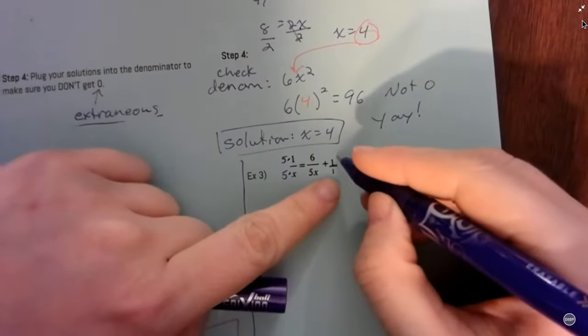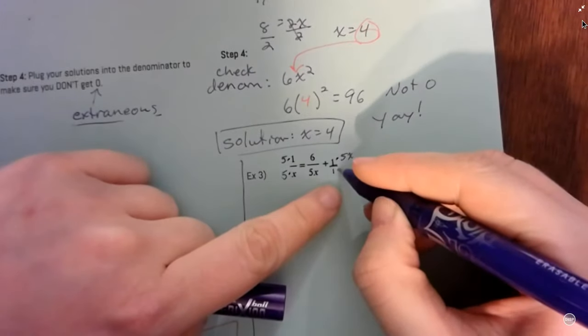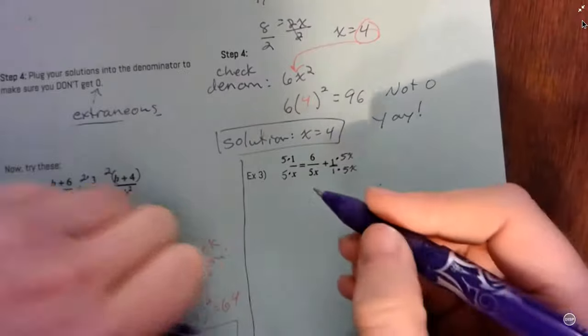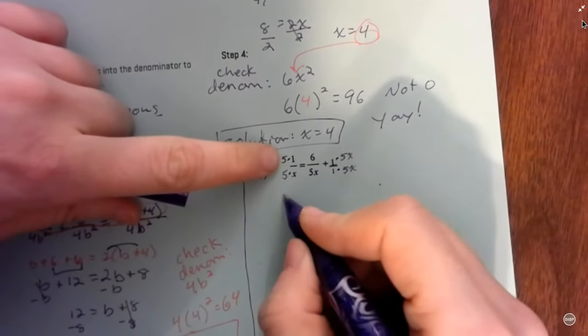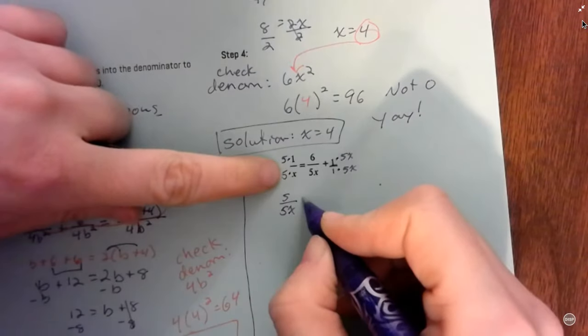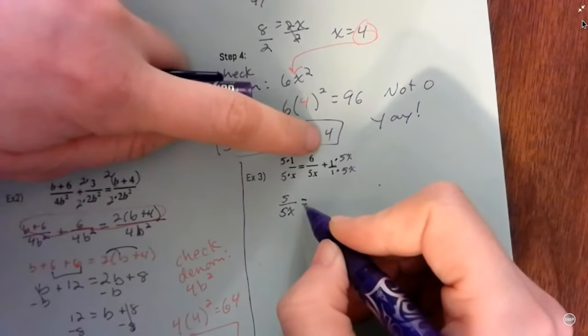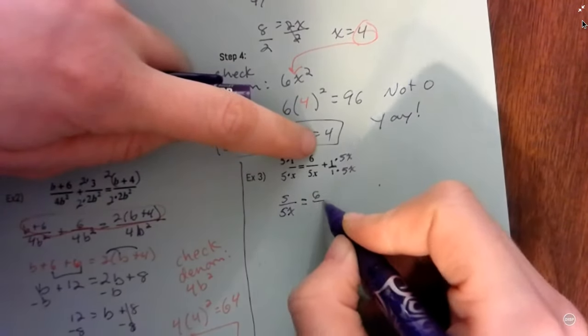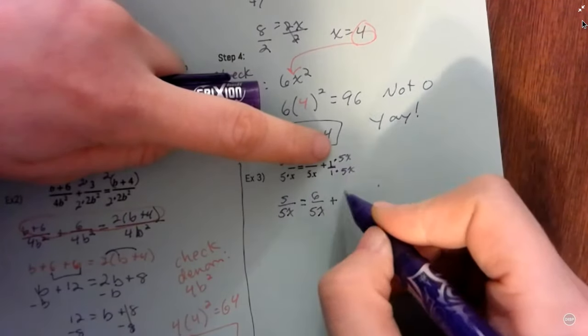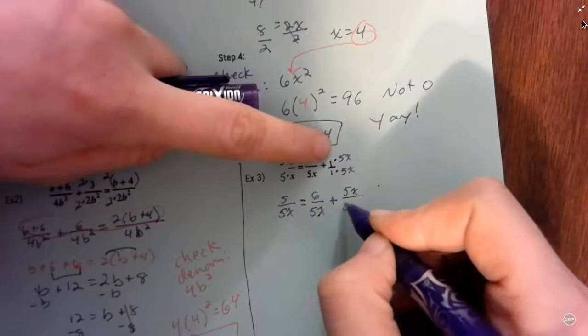And this one is just going to be 5x over 5x. So I've got 5 times 1, that's 5, over 5 times x, that's 5x, equals, and then this one stayed the same, and then plus, and this is just 5x over 5x.